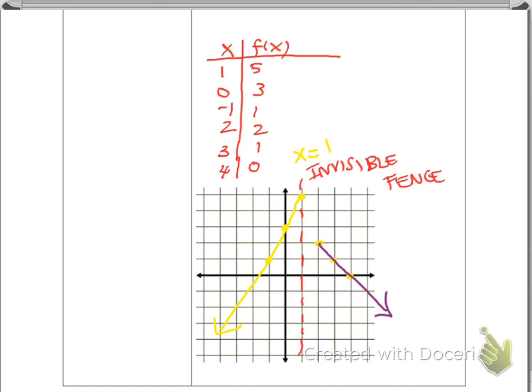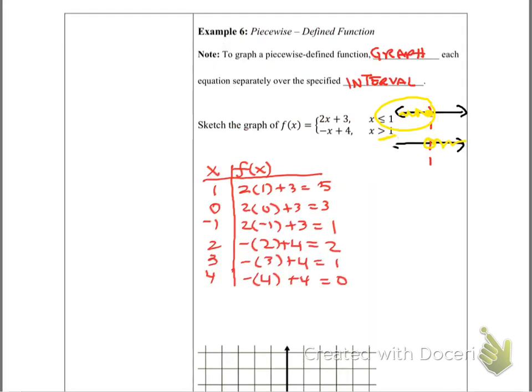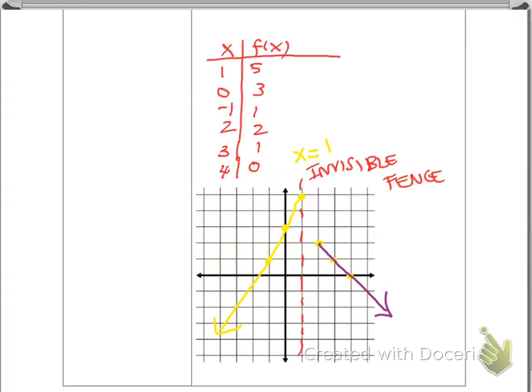But we're missing something because, going back to this, it's all values x greater than 1, so it doesn't include 1, but 1.000001 is included on that graph. So we're missing all this right here, which needs to be included on our purple equation. This is where some students have some issues, so we're going to go over another example in class, but really see if you can understand what's going on.